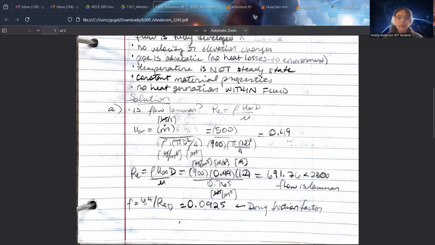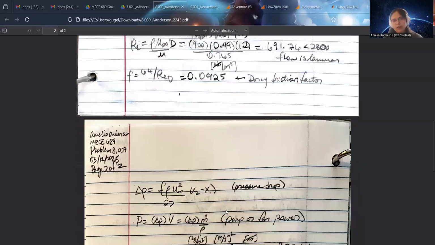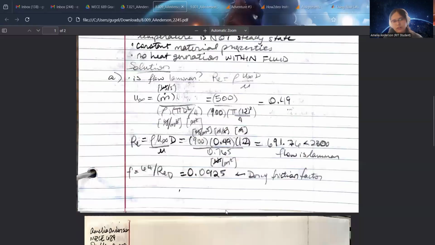We can calculate our Moody friction factor from this because it is laminar. It's 64 divided by the Reynolds number, with a characteristic length of a diameter, which is what we did for the Reynolds number. And we get a Darcy friction factor of about 0.09. If you look at the friction factor chart, that's right at the edge of where it turns laminar, but we'll accept it.